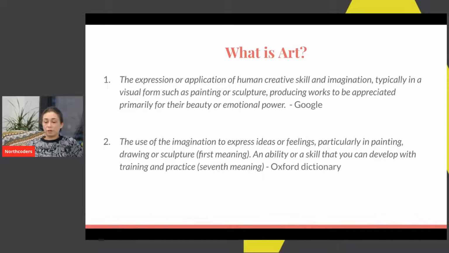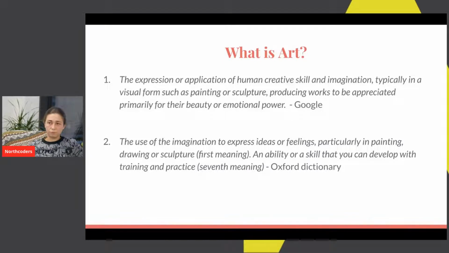Afterwards, I dug a little bit deeper around this idea of defining what art is, and things didn't become exactly clearer. I went to Oxford Dictionary for some inspiration, and there's probably about 20 different definitions of it. I've included the first meaning and the seventh one. In the first one, the emphasis is very much on the need to express, or the imagination to express feelings, in particular in painting, drawing, and sculpture.